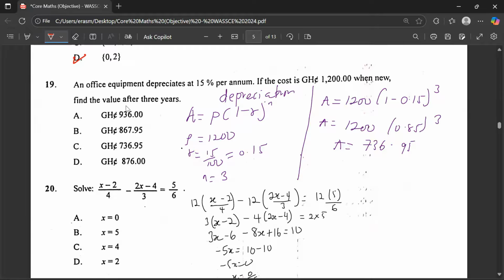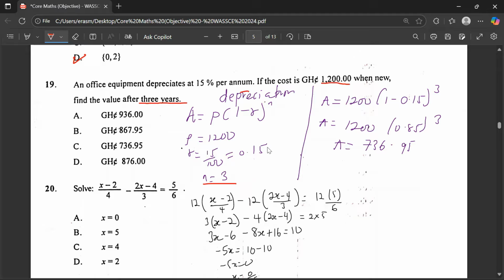In this case, n equals 3. Now the principal is 1,200, and the rate is 15%. 15% is 15 on 100, that equals 0.15.